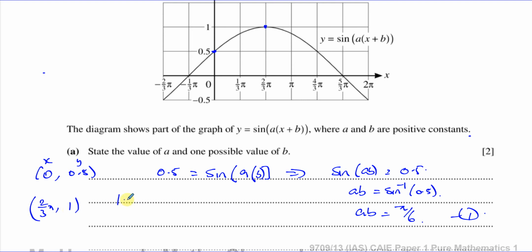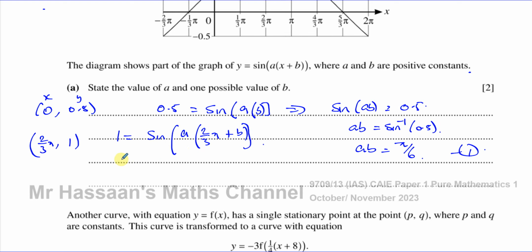So I can say 1 is equal to the sine of a times 2/3 pi plus b. Okay, so what I can do now is I can say inverse sine of this. So I have a times 2/3 pi plus b is equal to, now inverse sine of 1 is pi over 2.